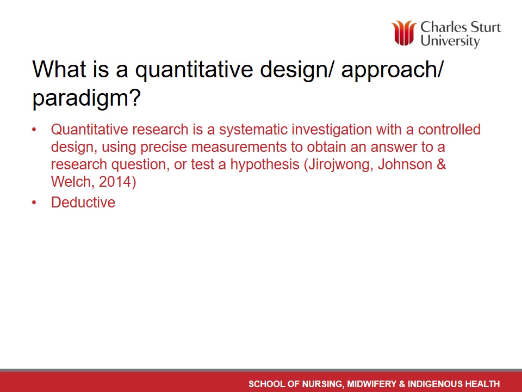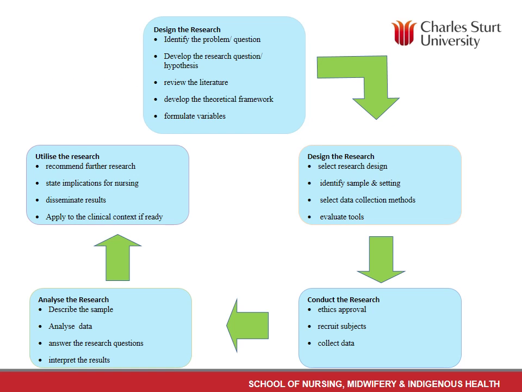Now, quantitative research is the systematic investigation with a controlled design using precise measurements to obtain an answer to a research question or test a hypothesis. It's really that simple. The thing about quantitative designs is it's a bit like a recipe, I suppose.